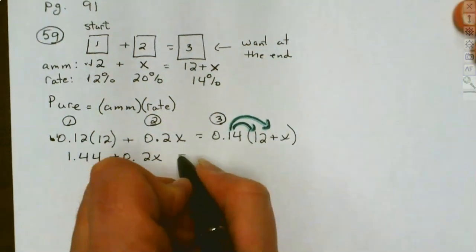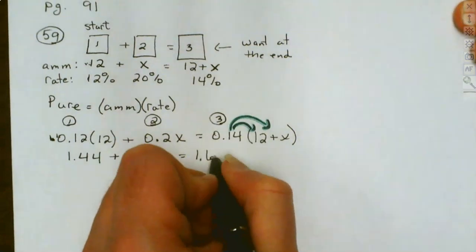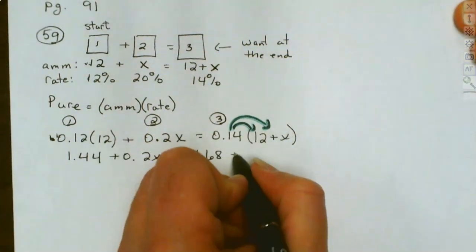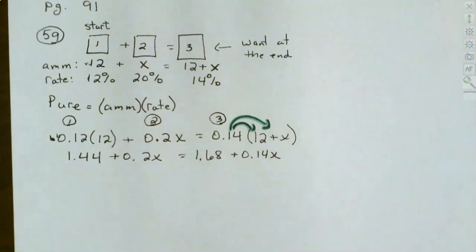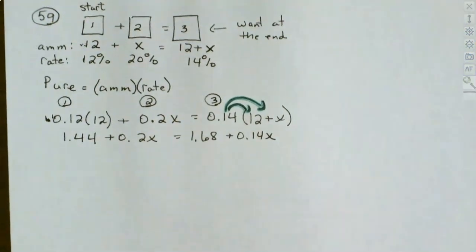And that gives you 1.68 plus 0.14x. Is everyone okay with that so far? All we did was distribute it through. Now we've got our equation. Now we need to solve it.